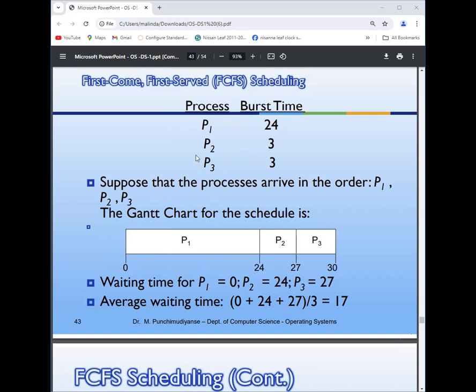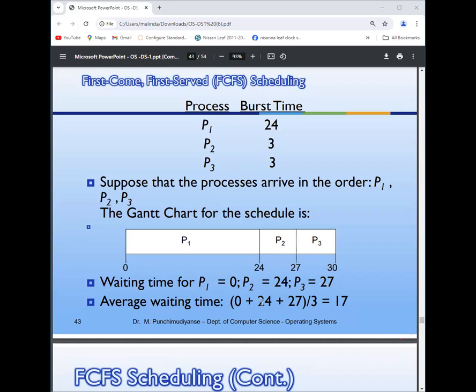So P2 has to wait until 24 milliseconds to get the CPU. So P2's waiting time is 24 milliseconds. And P3 came at 0. However, it has to wait until P1 and P2 complete. So it gets its time at 27 milliseconds. So P3's waiting time is 27 milliseconds.